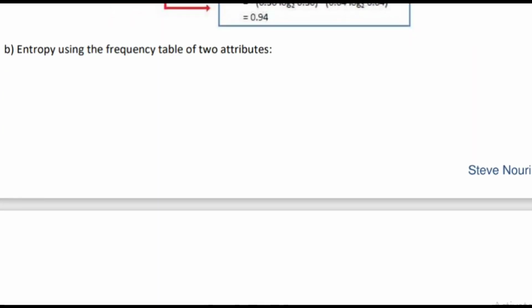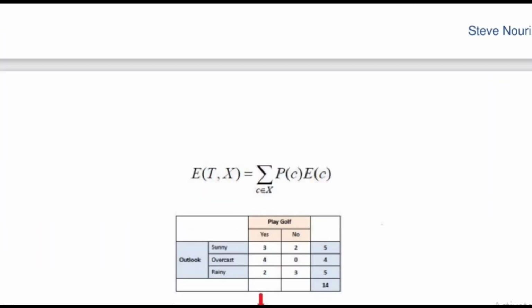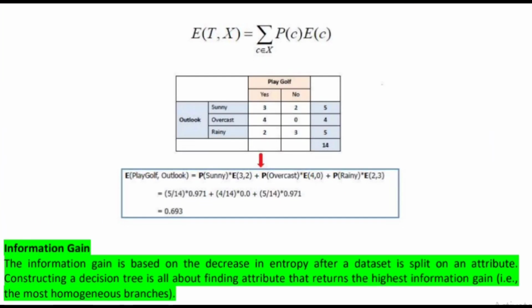B. Entropy using the frequency table of two attributes: E(T, X) is equal to summation of c belonging to X of P(c) times E(c). Information gain: the information gain is based on the decrease in entropy after a dataset is split on an attribute. Constructing a decision tree is all about finding the attribute that returns the highest information gain, the most homogeneous branches.